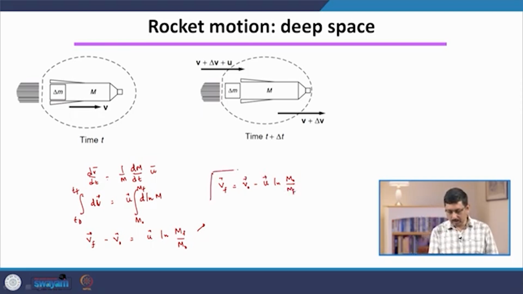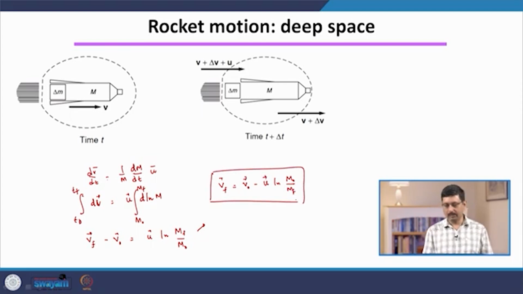So, note an interesting point about this equation. It says that the final velocity of the rocket at the end of this interval depends only on the mass at the end of the interval and the mass at the beginning of the interval.